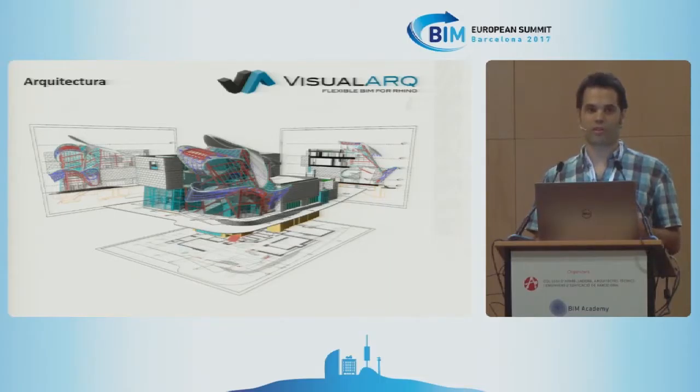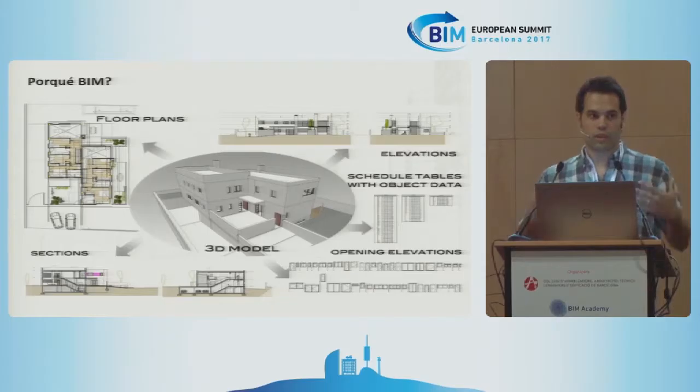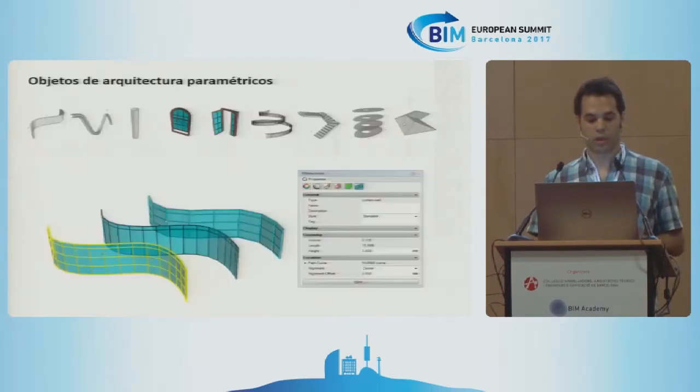So here you can see these functionalities of this platform that allows you to extract all the documentation regarding a project. Why BIM? Well, because it comprises all the documentation, and all the documents are generated by or based on 3D models.